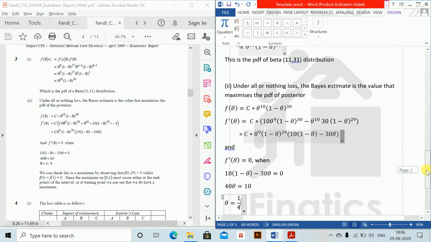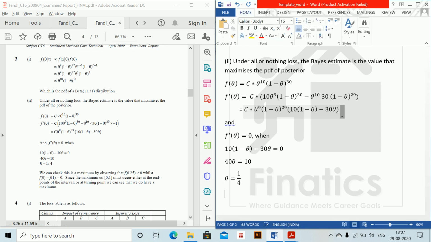Okay, so this is the value, and check for the second derivative. You can see we can check this maximum by observing that f(0.25) is greater than 0, while f(0) equals f(1) equals 0, since the maximum on (0,1) must occur either at endpoints or at a turning point, so at the turning point we do have a maximum. Okay, this is done.